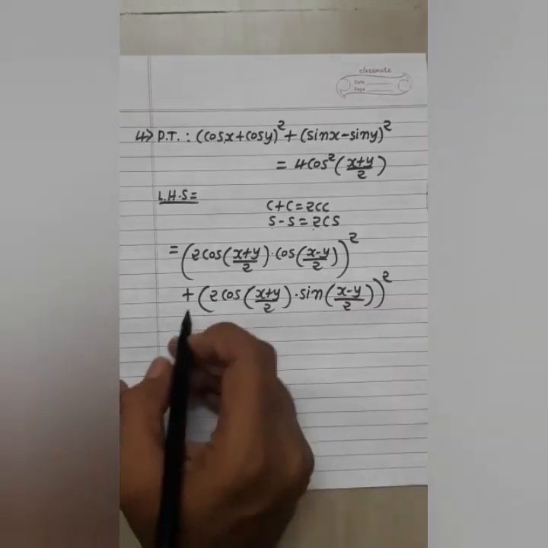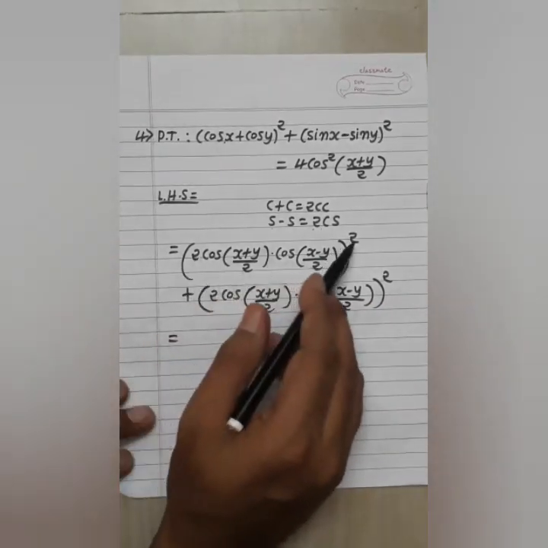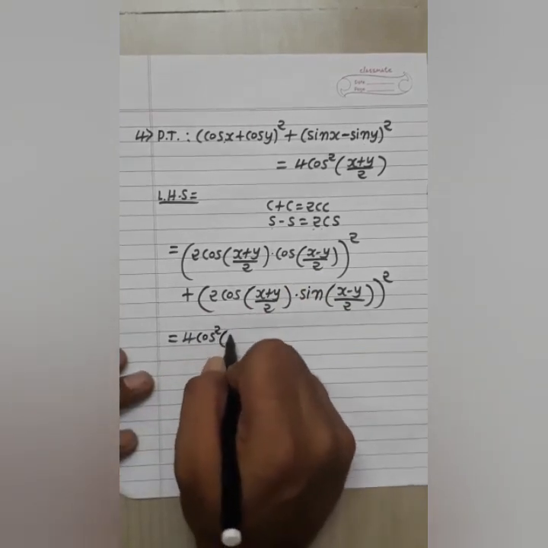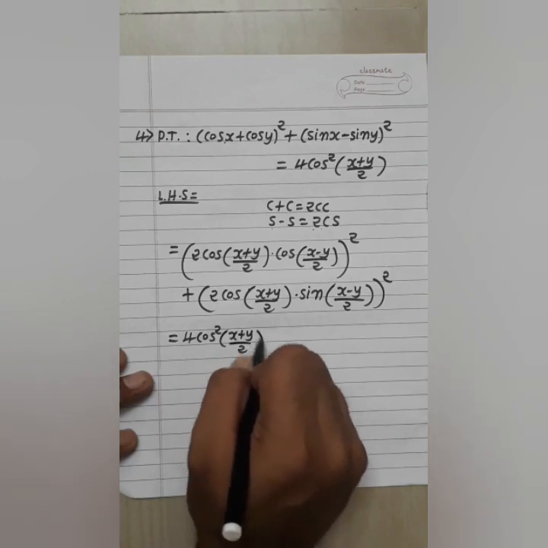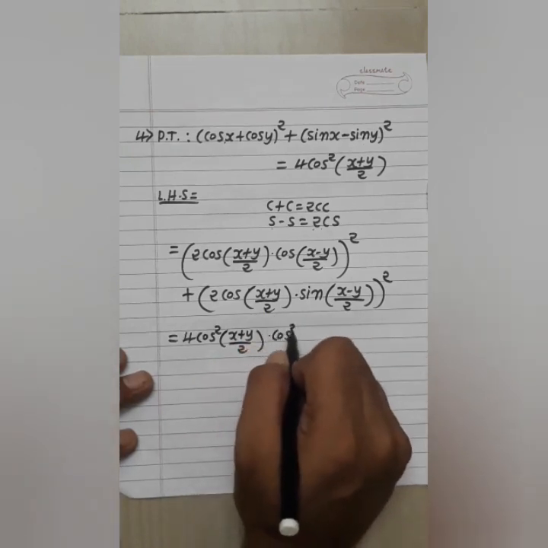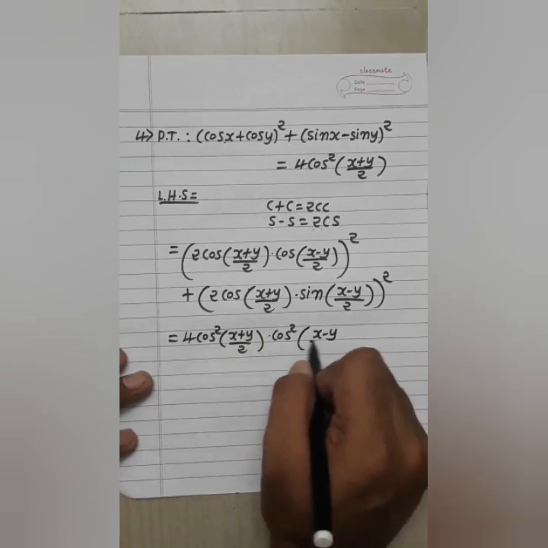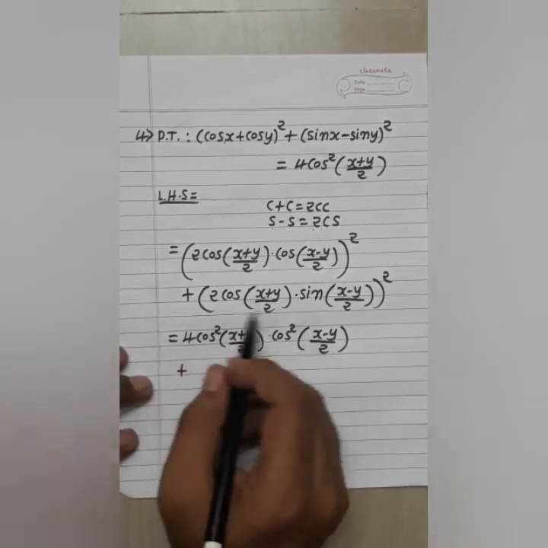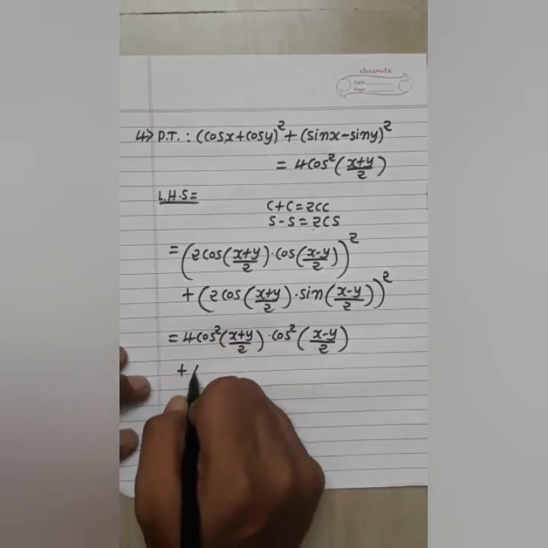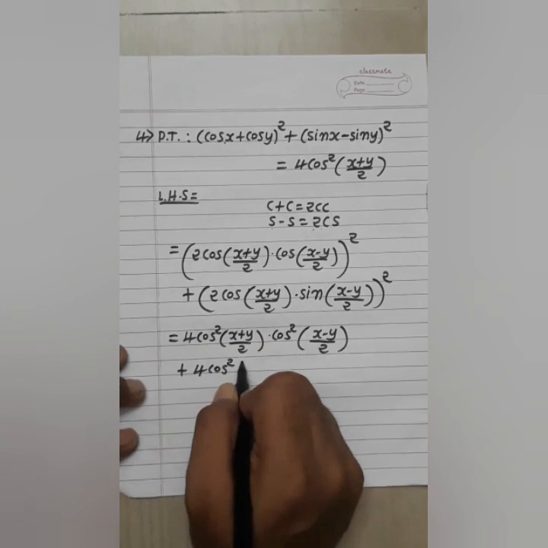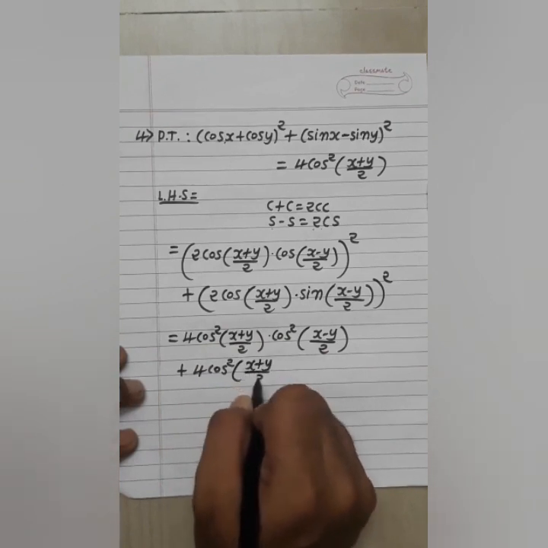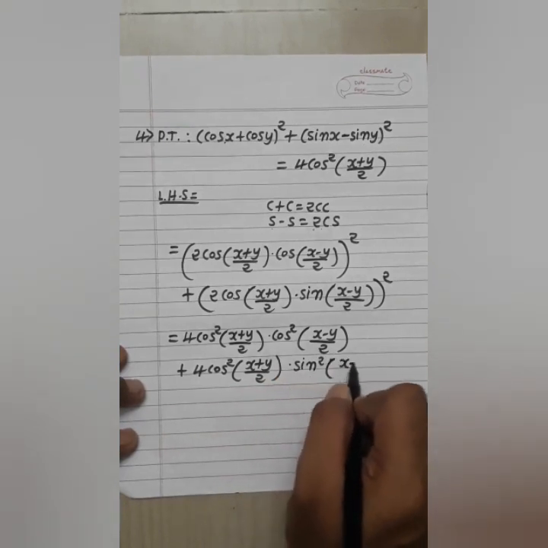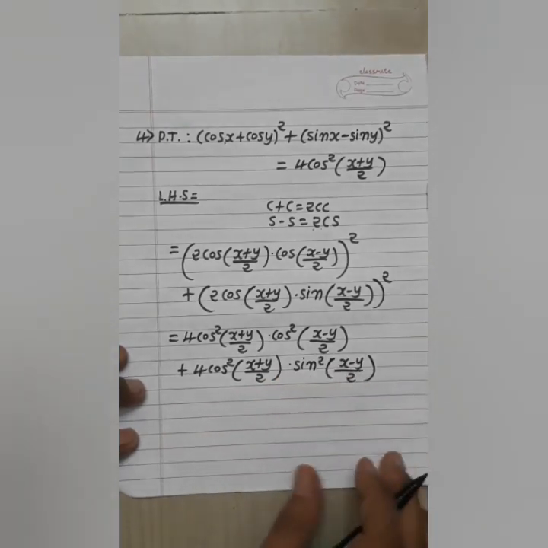Now here simplify this term. So 2 whole square, that means 4 cos square into bracket (x plus y) divided by 2 into cos square bracket (x minus y) divided by 2, plus 2 square, that means 4 cos square (x plus y) divided by 2 into sin square bracket (x minus y) divided by 2.